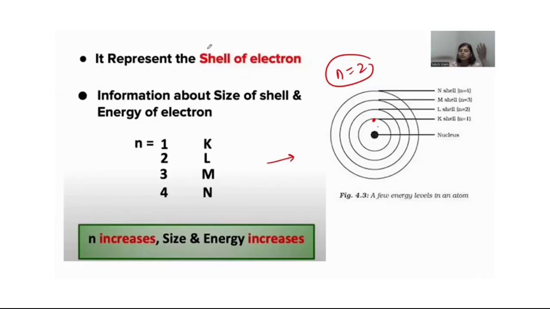The farther the electron goes away, the more the energy increases. For example, check the radius: n equal to 2, the size is more; n equal to 3, the size is even more. So as the principal quantum number keeps on increasing, the energy and the size also increase. I hope you understood the principal quantum number.